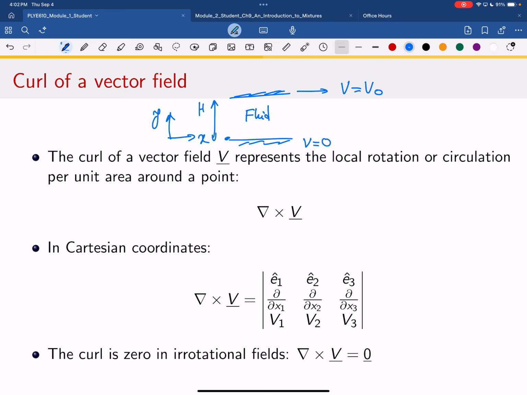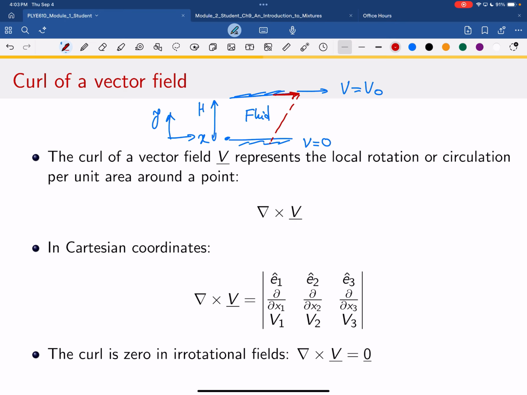On the top plate, you have the velocity V0, and as you approach the bottom plate, because you have no slip at both plates. No slip condition means that liquid at the solid boundary is going to stick to your surface, so the velocity of the liquid and the surface are exactly the same at the boundary.